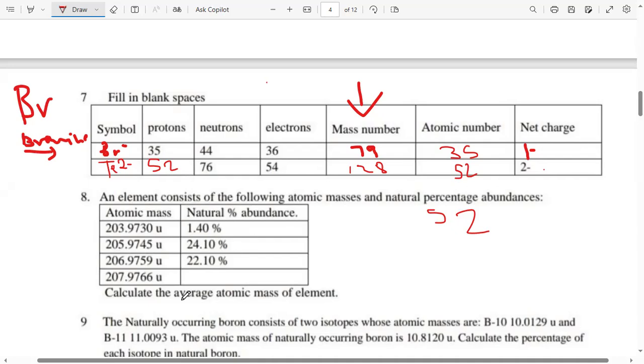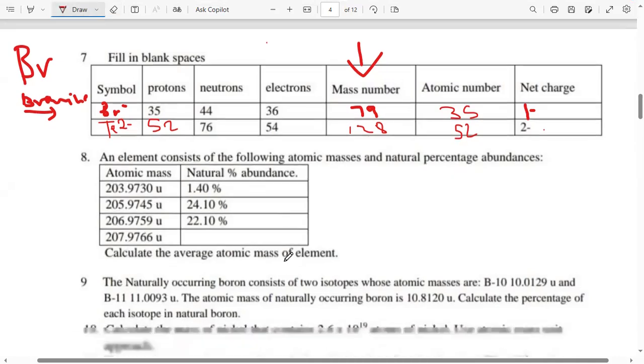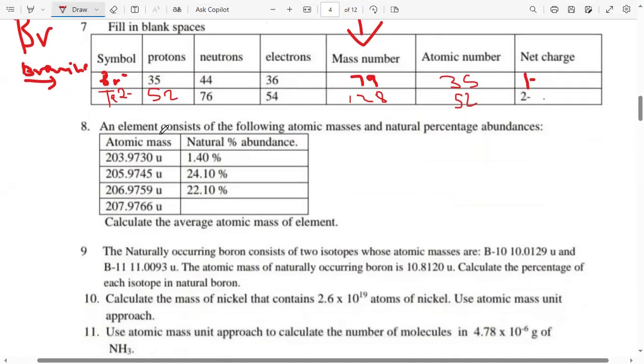Okay, no questions. Let's do the one for the isotope. Here you're saying an element consists of the following atomic masses and the natural percentage abundances.